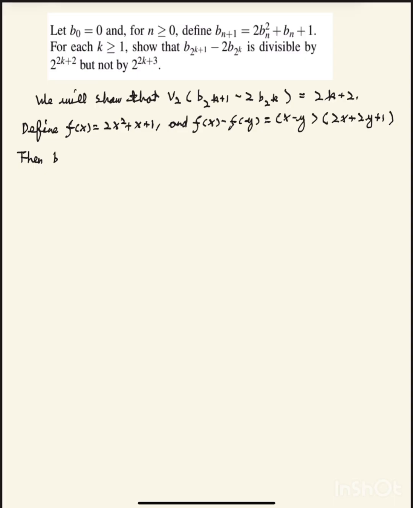that b_{n+1} minus b_{m+1} is equal to b_{n+m} minus b_n times (2b_{n+m} plus 2b_m plus 1).